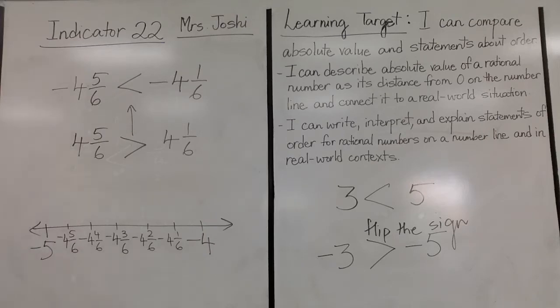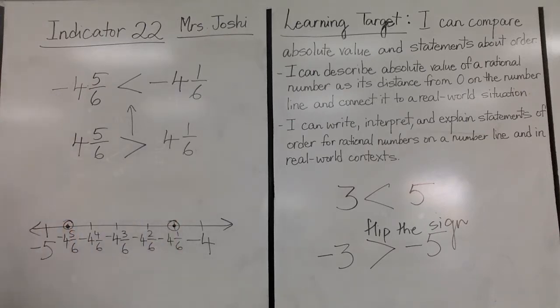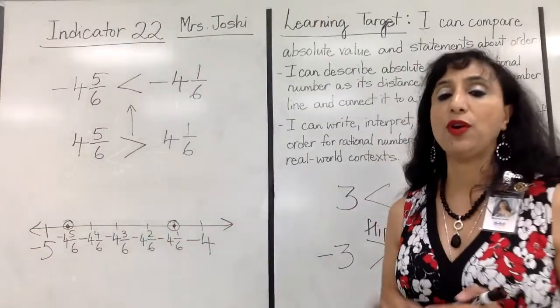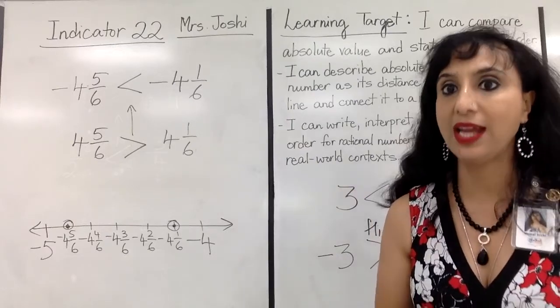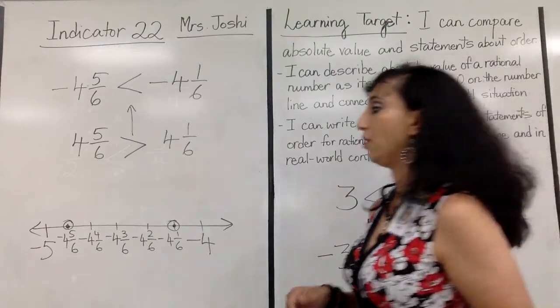So if I look at it this way, here is -4 and 5/6, and here is -4 and 1/6. I just want to show you that -4 and 1/6 is to the right of -4 and 5/6 on the number line, and so therefore it is the greater fraction.